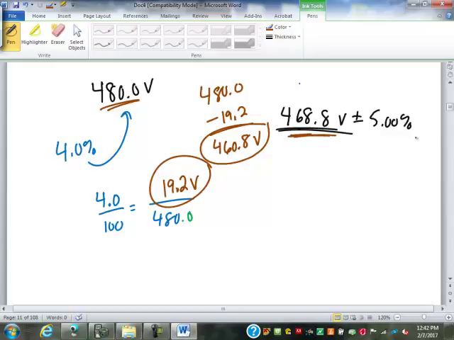So that's telling us that that's the specified voltage. It's actually operating at a higher voltage than that. Oops, I'm sorry. They actually are testing it at the motor, not at the load. So you want to find the minimum and maximum load values. So we're finding that 19.2 volt loss.